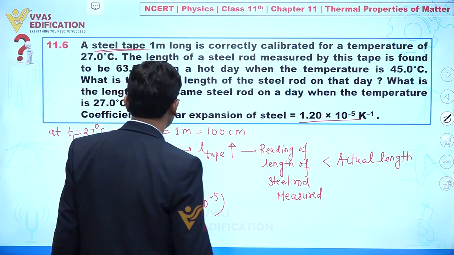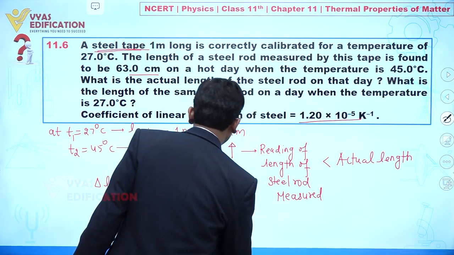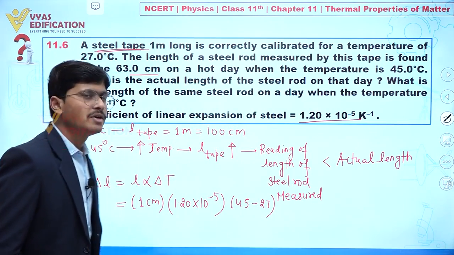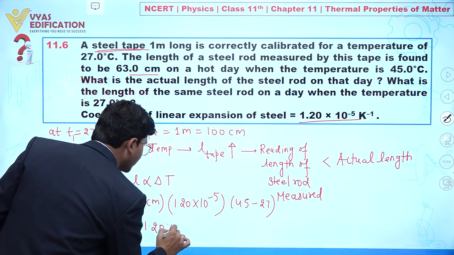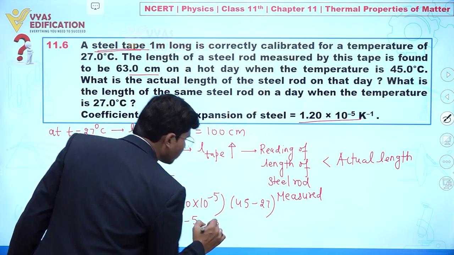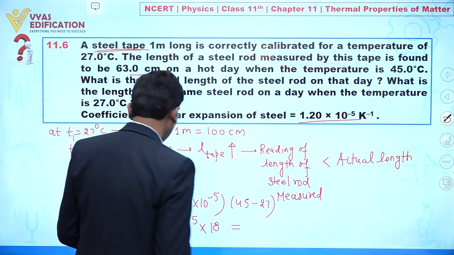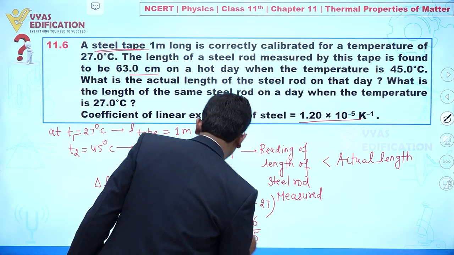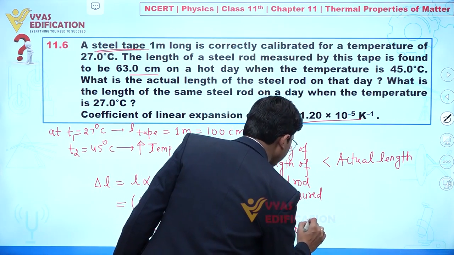Delta T means the temperature difference. Clear? We have the temperature difference from 45 to 27, so this is 18. So it is 1.20 into 10 to the power minus 5 into 18. If you write 1.2 as 6 by 5, then 6 by 5 into 18 into 10 to the power minus 5.